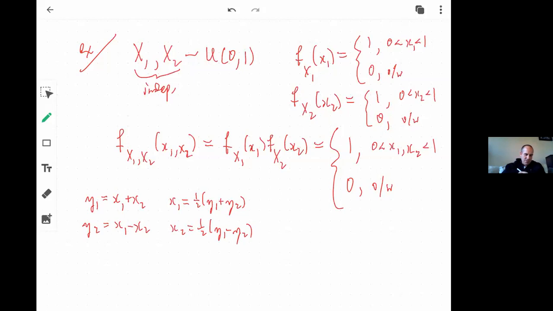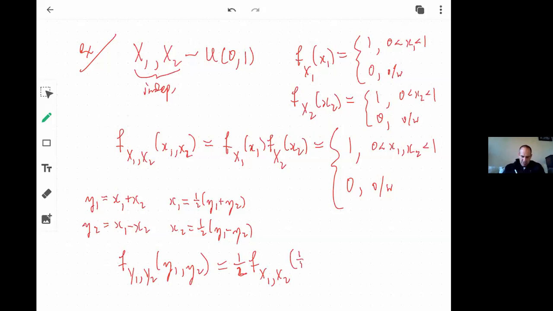And what is the new joint density of y1 and y2 in these new variables? Well, it's going to be half of the original density with x1 replaced by what it is in terms of y1 and y2.